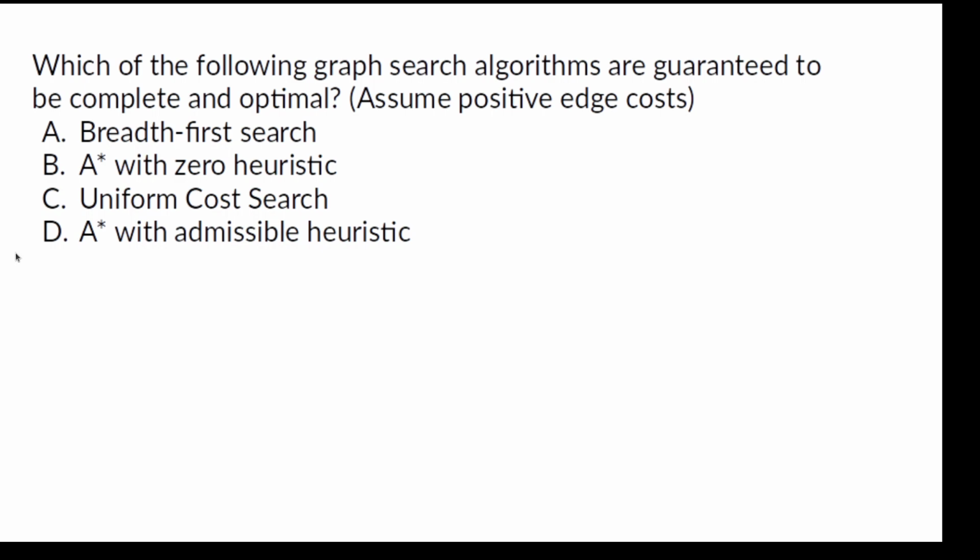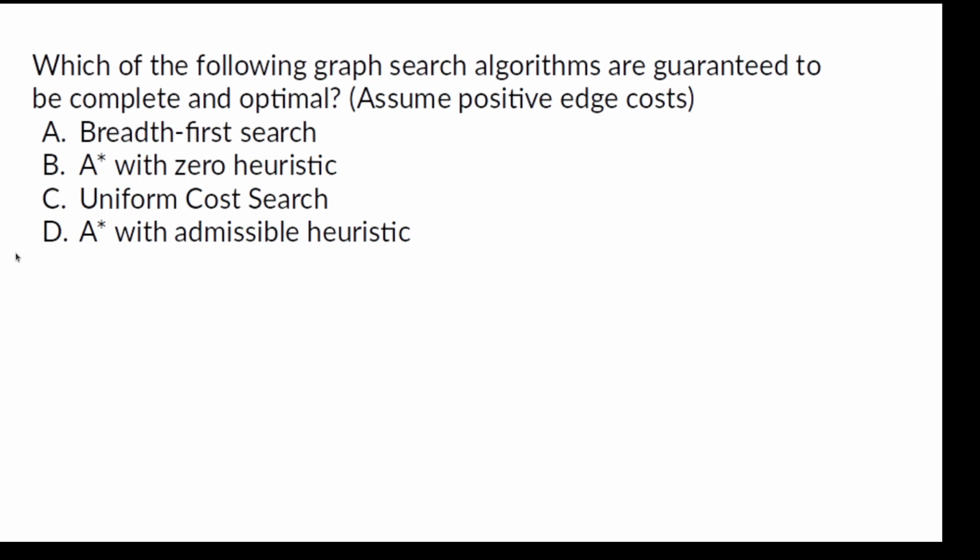It will give you the solution which is optimal. Options are breadth first search and A star with zero heuristic. A star is f of n equals to g of n plus h of n. Here, if heuristic is 0, it is equivalent to f of n equals to g of n.